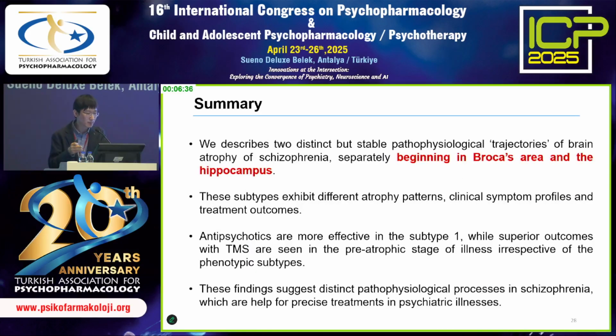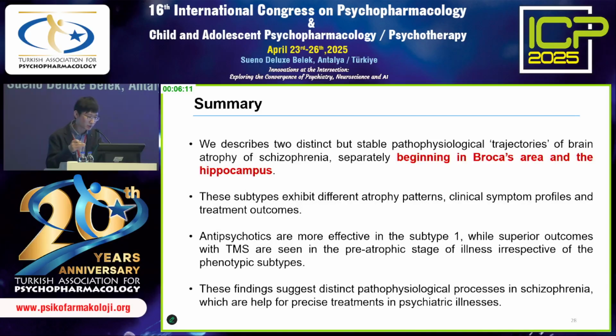So, a summary for this talk. We described two distinct but stable trajectory subtypes in schizophrenia. They begin at Broca's area and the hippocampus. The two subtypes have different atrophy patterns, clinical symptoms, and treatment outcomes.